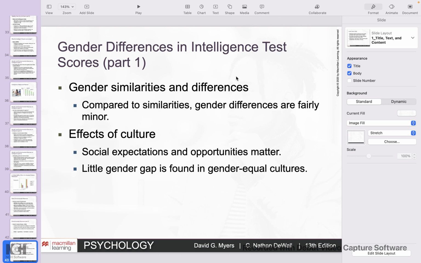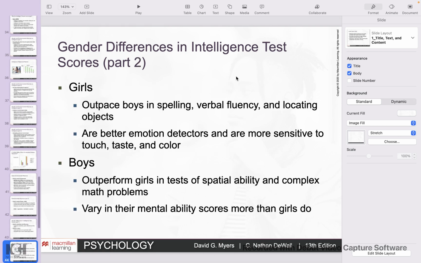We have seen a huge increase in STEM programming in children, which is the sciences and technologies. Schools that have STEM opportunities available for both boys and girls have equally successful outcomes for both genders. So if culture affects gender differences in intelligence test scores, what do we generally see?